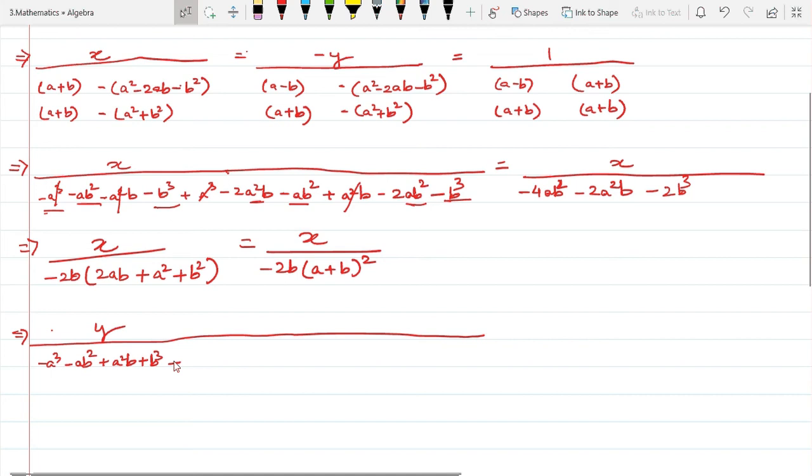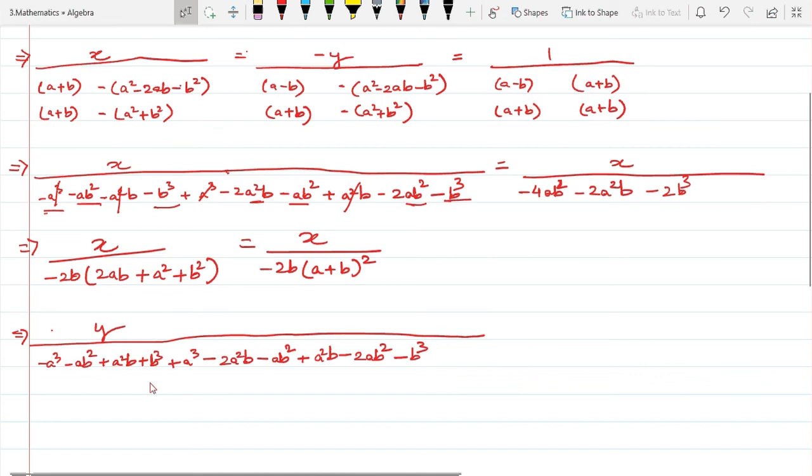And now I multiply it with plus of a, so I get plus of a cube minus of 2a squared b minus of ab squared plus of a square b minus 2ab squared minus b cube.